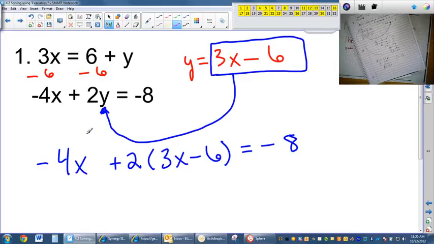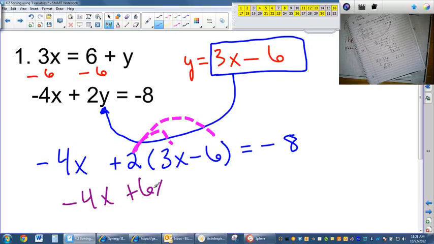So from here, what's my first step in simplifying this problem? Josh, what's my first step? Yeah, we'll distribute. We get negative 4x plus 6x minus 12 equals negative 8.